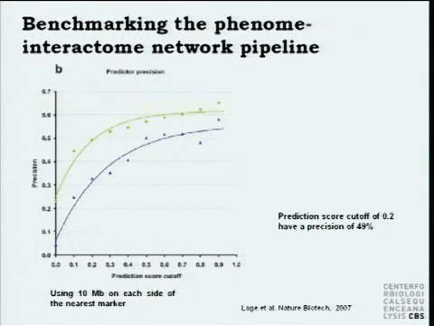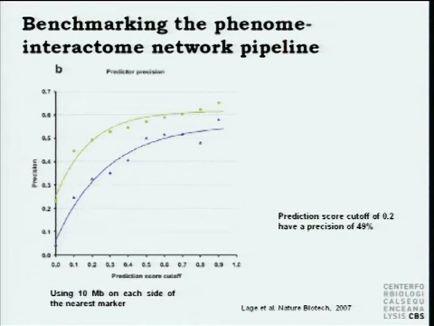What is important is that you should try to benchmark such a system, and this is what we did using 1700 linkage intervals where we knew the disease gene. And we have different score cutoffs, as you can see here, and then you see the precision on the y-axis.